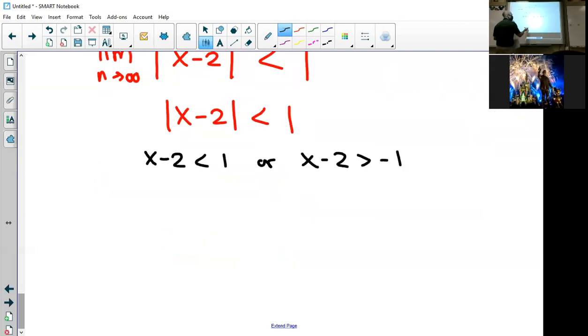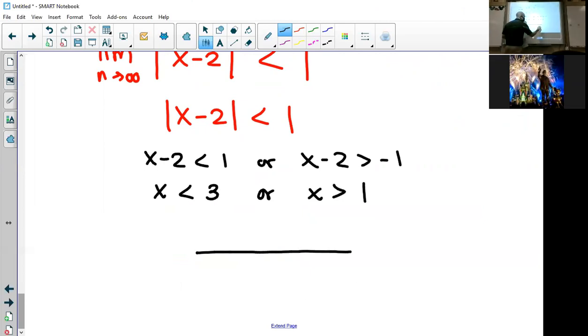All right, and so this sets us up to solve: x is going to be less than, add 2 over, so 3, or x, add 2 over, greater than 1. So what this does here is it really sets us up for: here's 1, here's 3, and then we have our interval. We're not going to talk about intervals on this one.